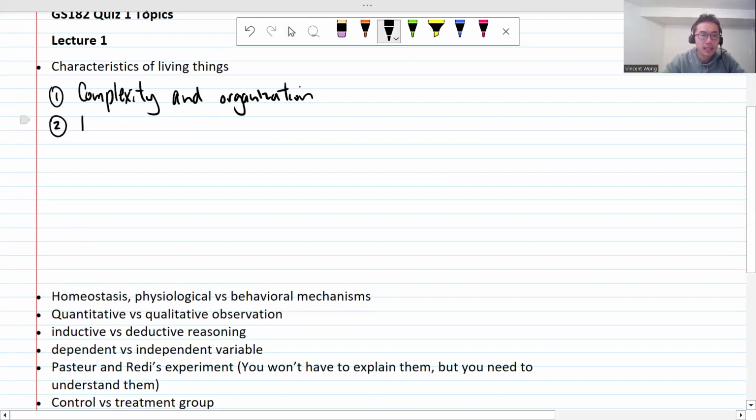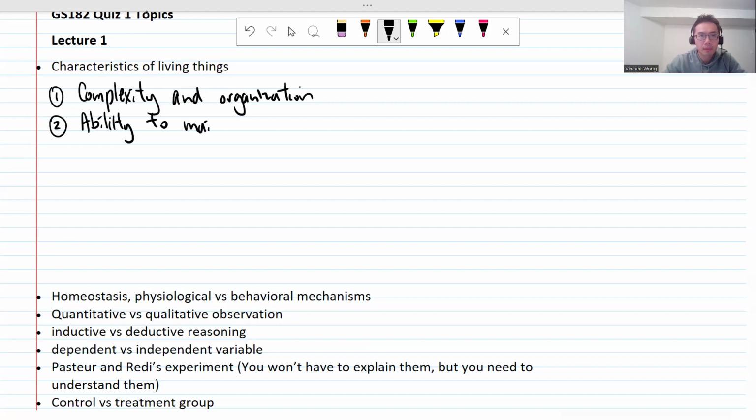The next one is the ability to maintain homeostasis. Homeostasis means an internal balance.